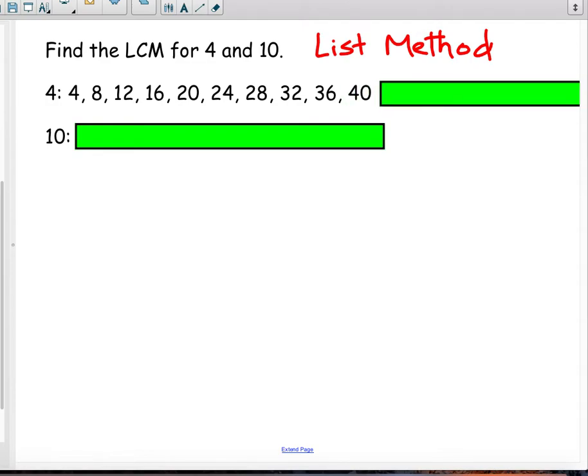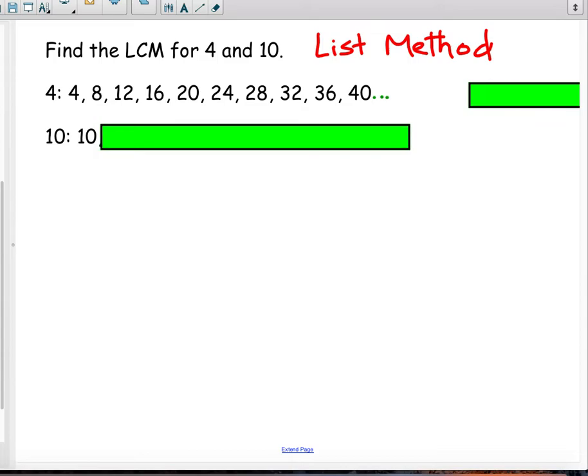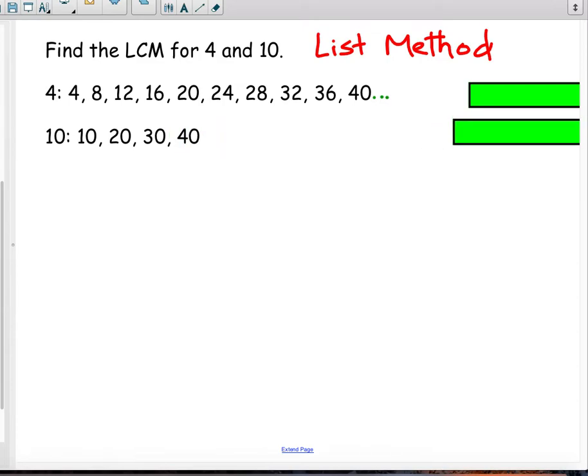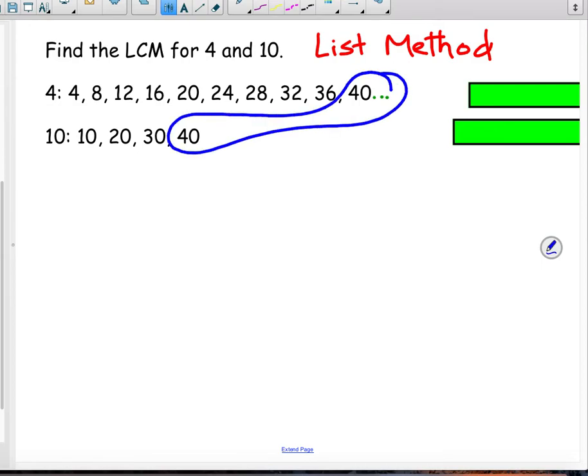We've got to go pretty high here. 10 times 4 is 40, and we can stop right there, but it would go on and on infinitely. Now the multiples for 10. We can stop when we find the LCM. We have 1 times 10 is 10, 2 times 10 is 20, 3 times 10 is 30, 4 times 10 is 40, and so we have our least common multiple right there.